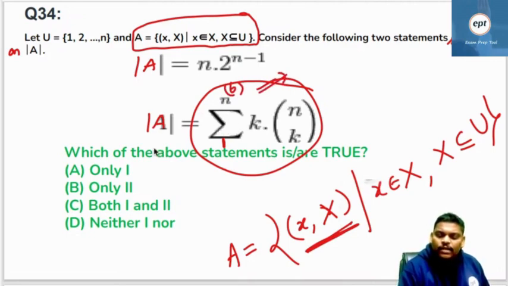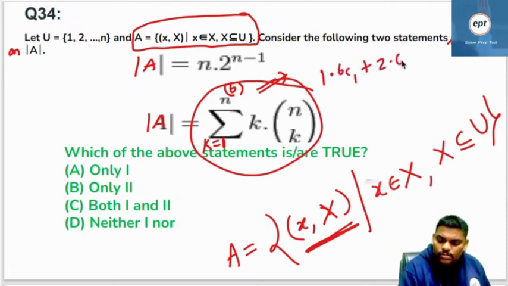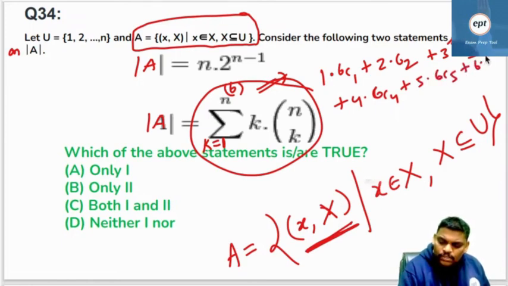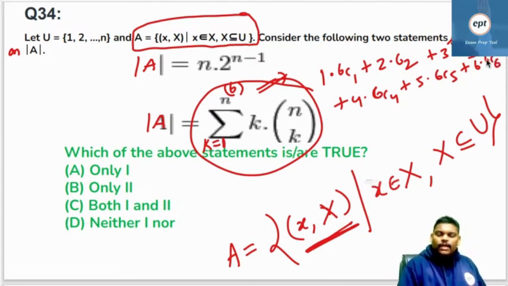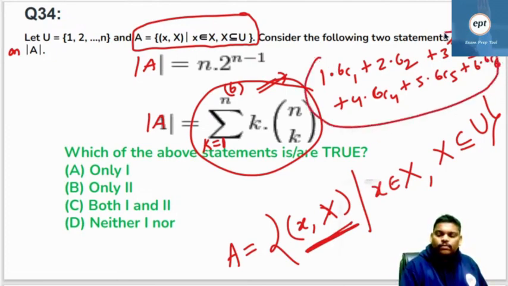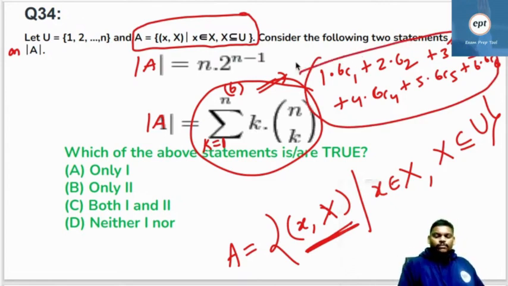For k equal to 1 to 6: k value 1 into 6c1, k value 2 into 6c2, k value 3 into 6c3, k value 4 into 6c4, k value 5 into 6c5, k value 6 into 6c6. Calculate what this value is.